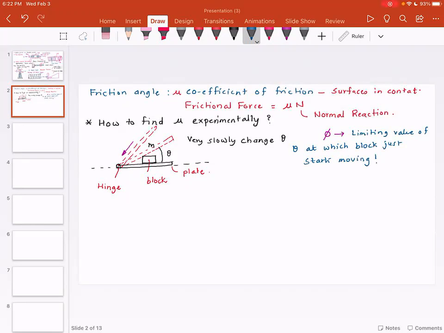At that limit value, this block would start going down.